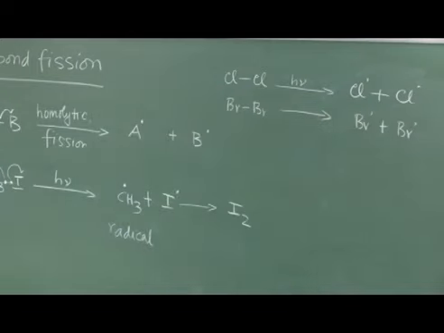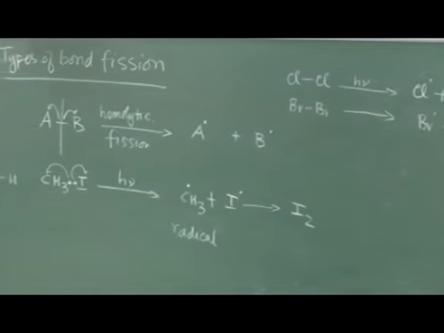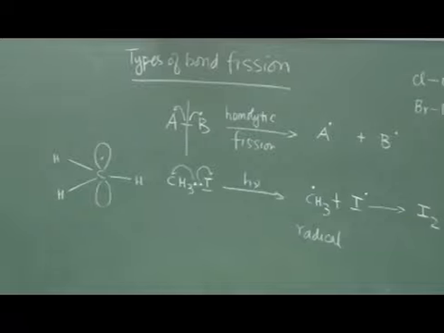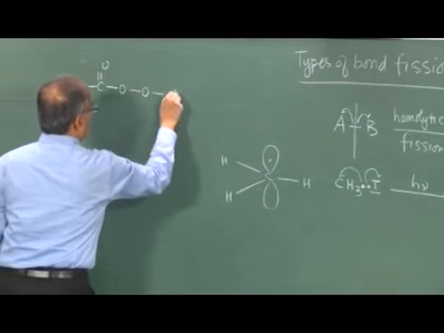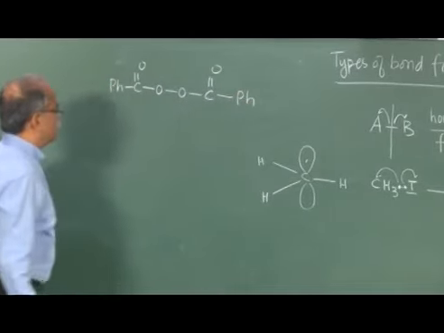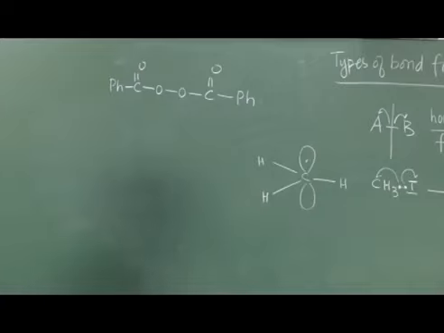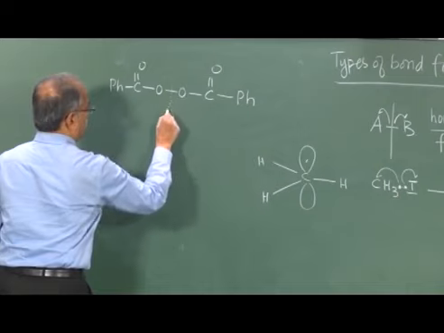So, these are some examples of homolytic fission in terms of bond breaking. If you have a peroxy bond, as in the case of dibenzoyl peroxide, homolytic bond cleavage is possible.